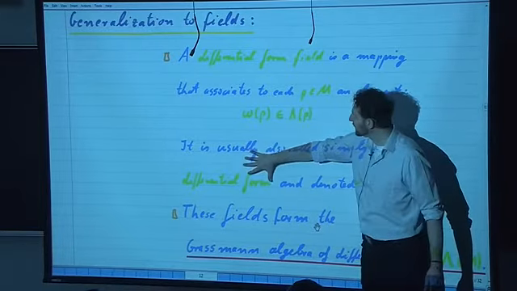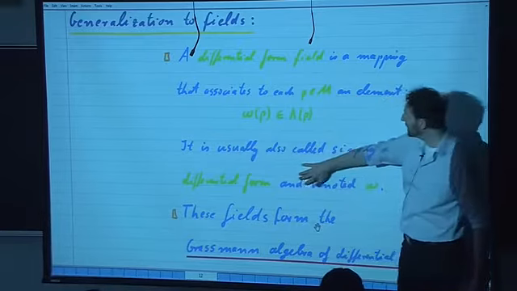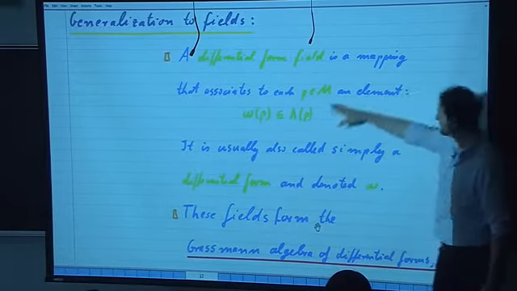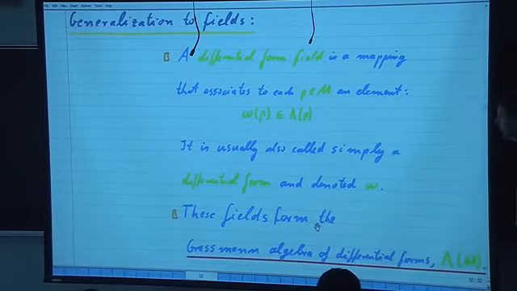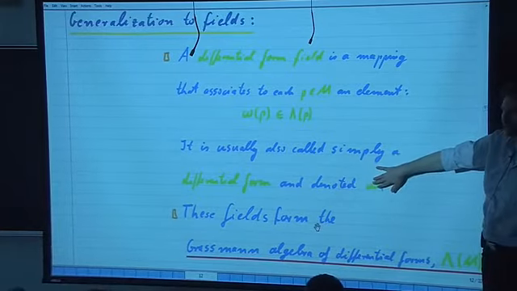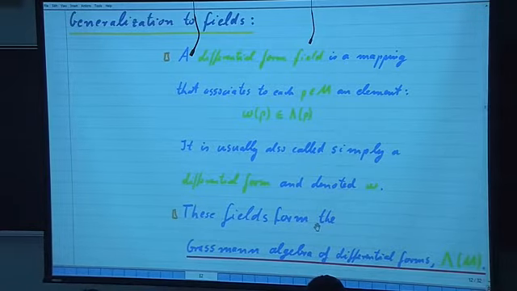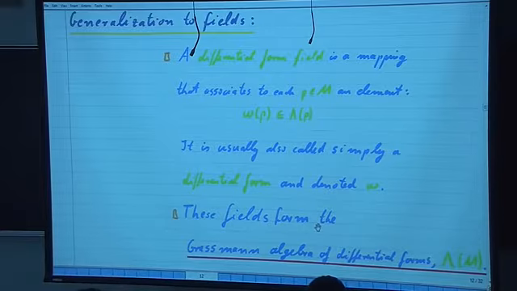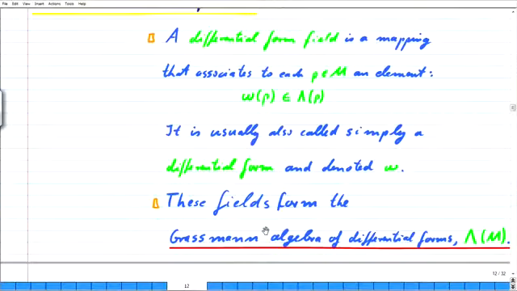Usually one uses for these also simply the terminology differential form, even though it's really a differential form valued function. And we denote it by omega. So we don't really distinguish in terminology or notation between local and global very much, only if it really matters. So these form valued fields form the Grassmann algebra of differential forms.